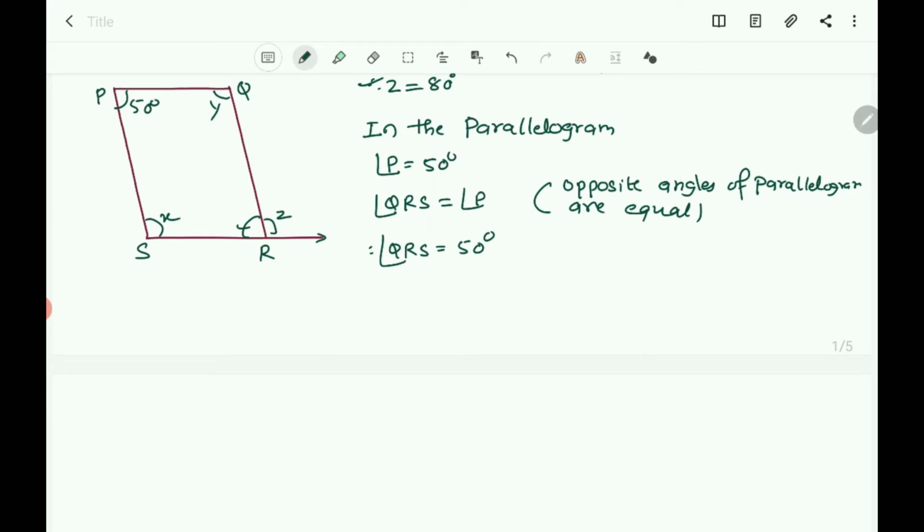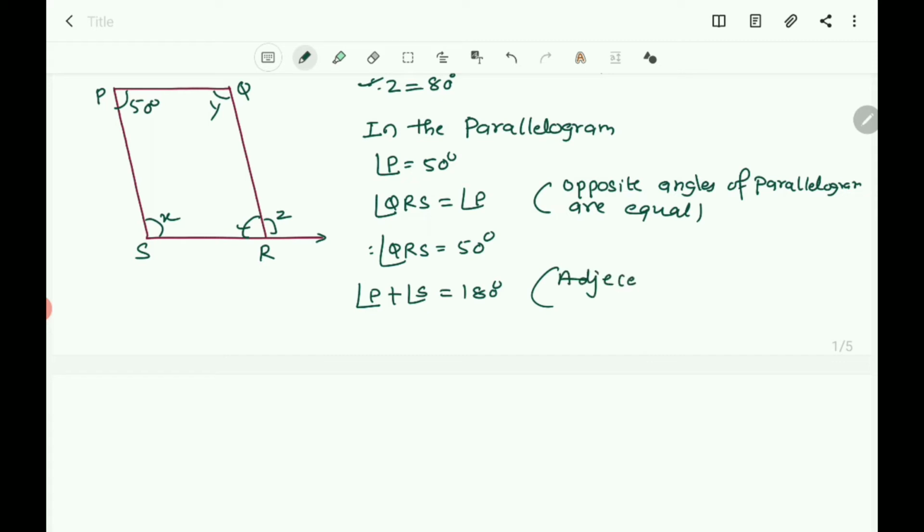Then that you got. Next here, what is the measurement of x? You know that angle P plus angle S must be equal to 180 degrees. Why is it 180? Consecutive or adjacent angles are supplementary.